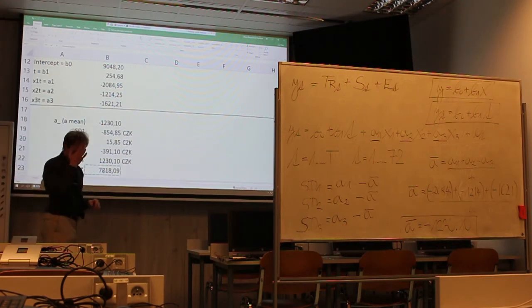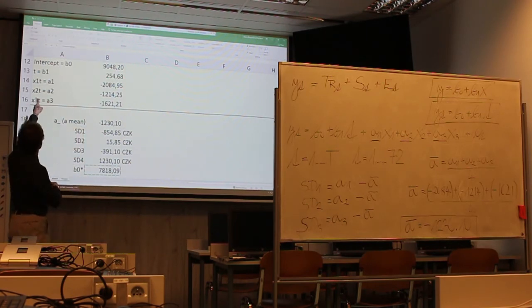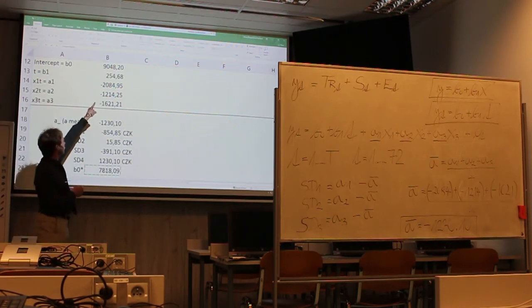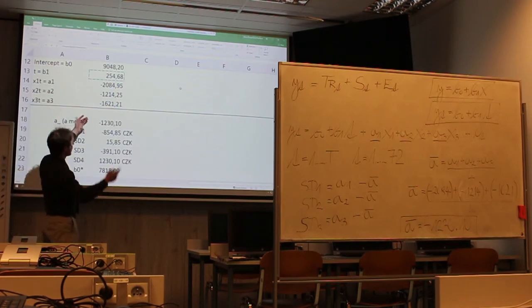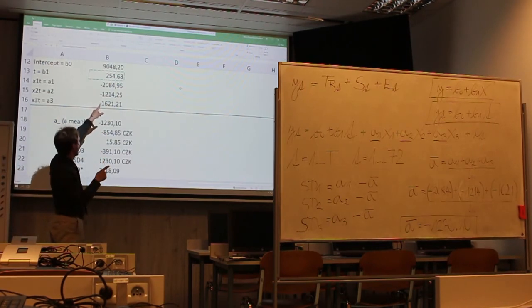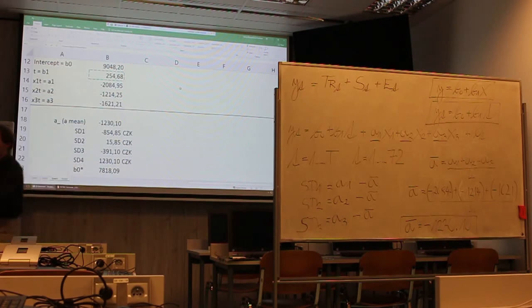Plus B1 times t. Where is B1? 254.68. So plus this value. Again, function 4, the F4 button. You must lock the cell.